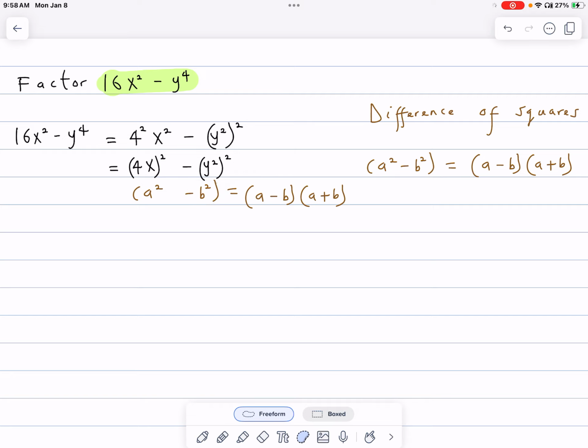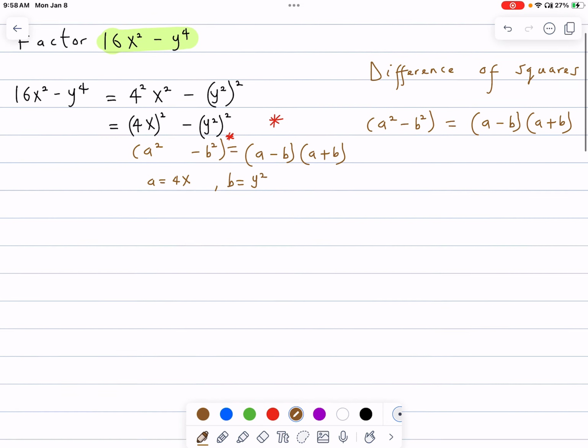So if you compare this, what is going to be my a? A is going to be 4x. We are comparing (4x) squared minus (y squared) squared with a squared minus b squared. So my a is going to be 4x and my b is going to be y squared.